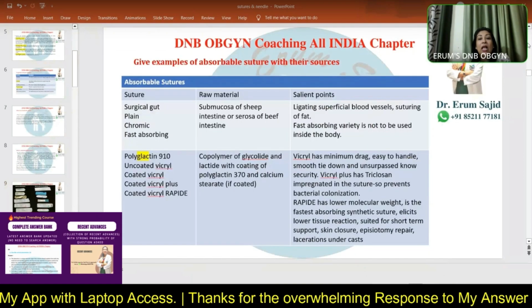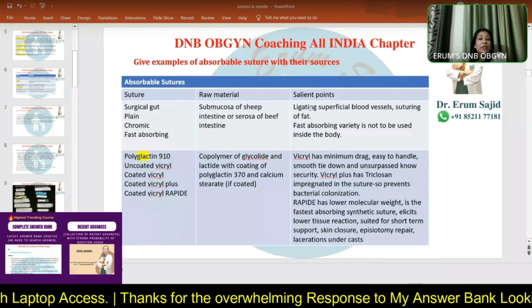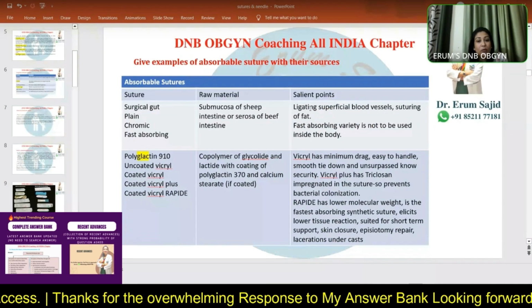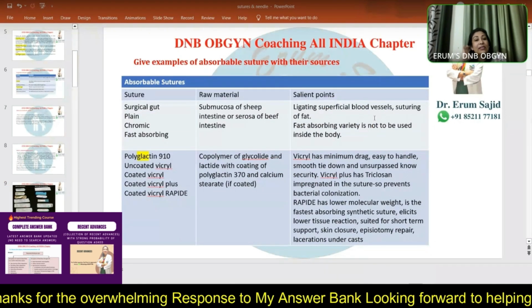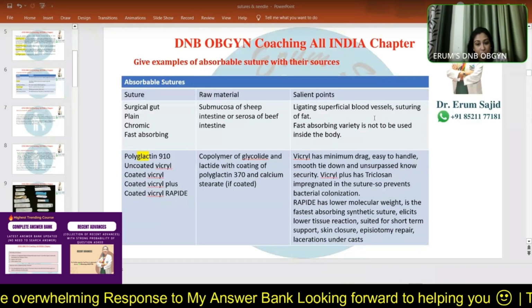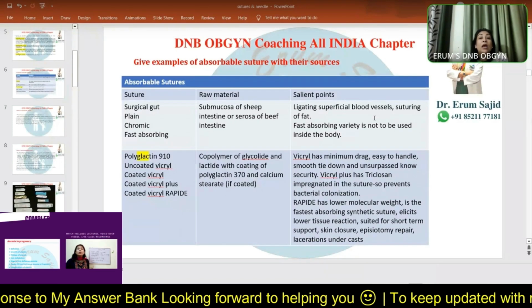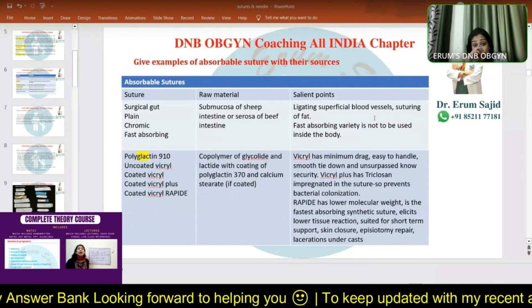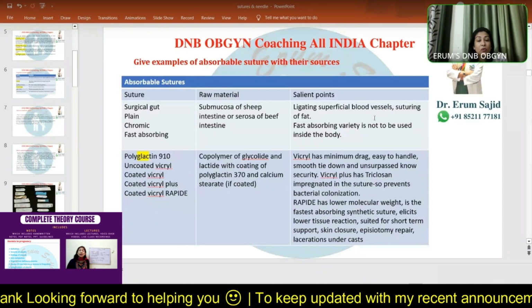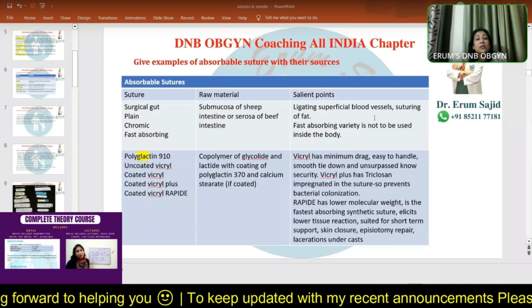All right. Now, I'm not going very in depth into all of these, and let me tell you, even when you're revising this slide, all those students who have taken my theory course will get this PPT free whenever they're revising. And even those people who've taken my complete practical course will also get the PPT there, because this is actually a part of practical.